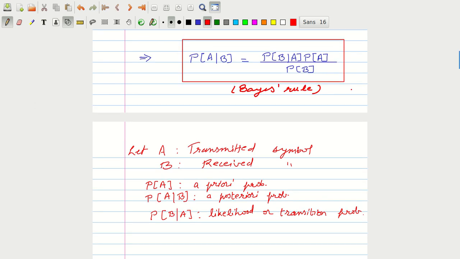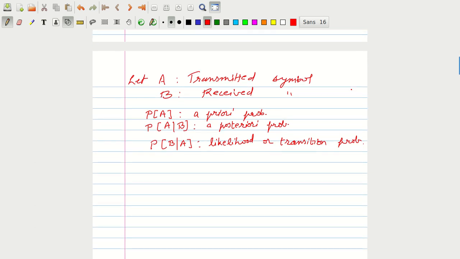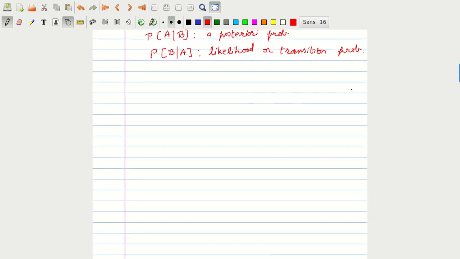Let us now look at the generalized form of Bayes' rule.